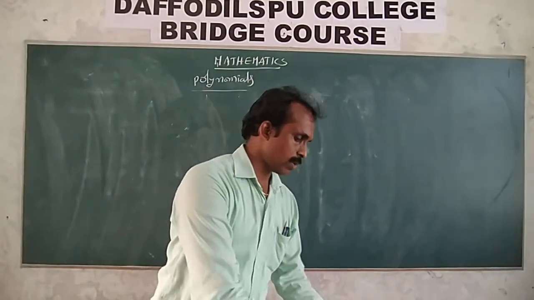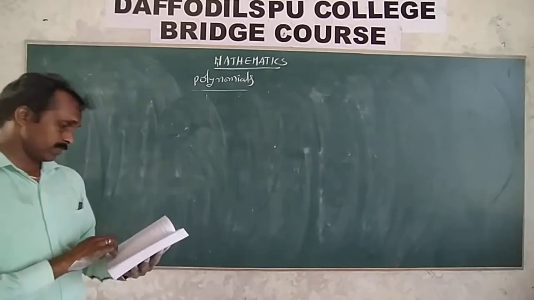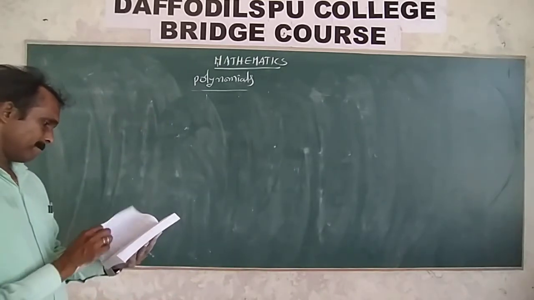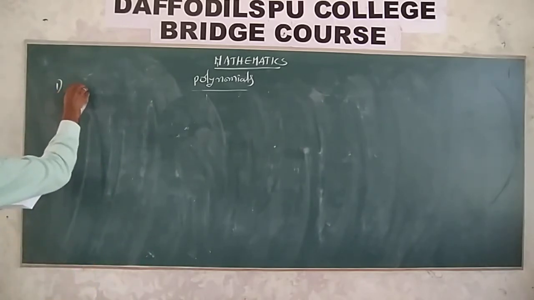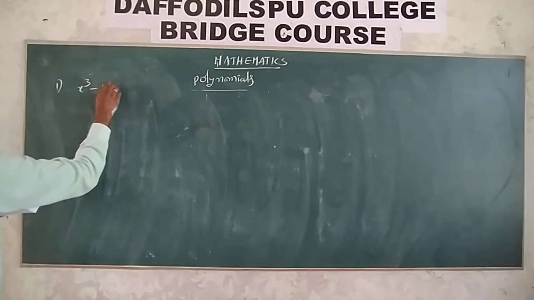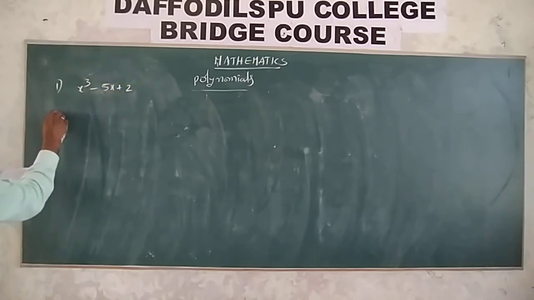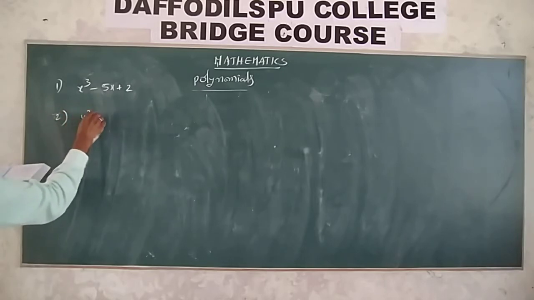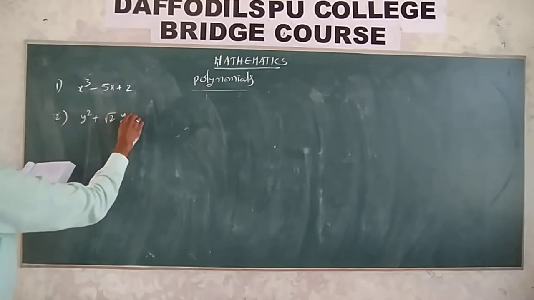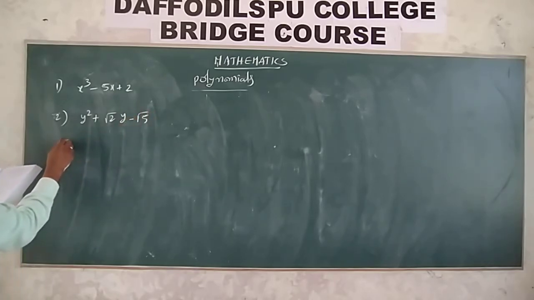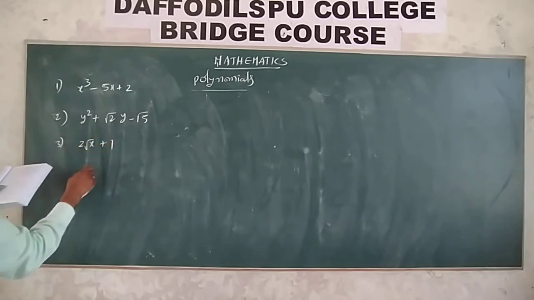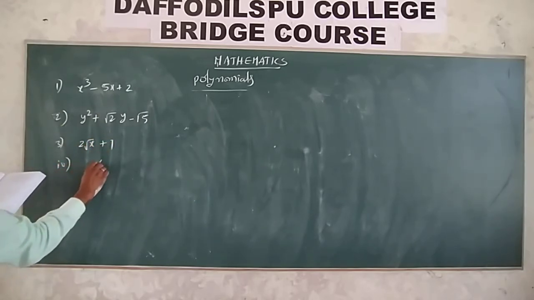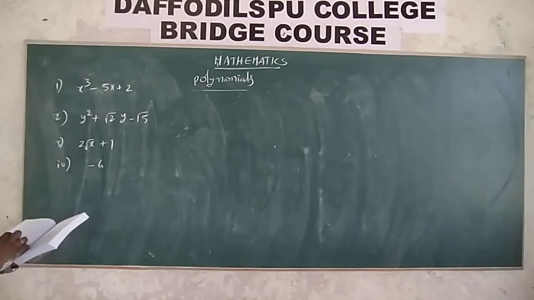Okay, some problems. The problems: 1. x cube minus 5x plus 2. y square root 2y minus root 5. 2 root x plus 7 minus 6.